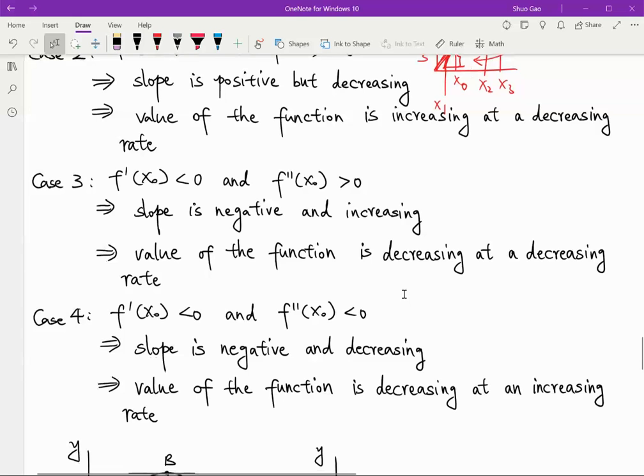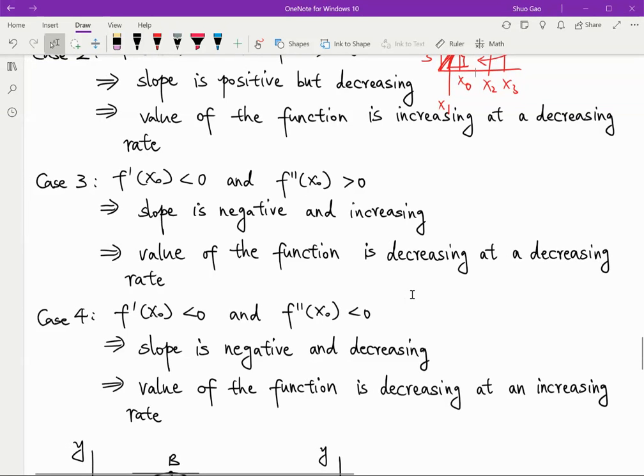And for the third case, the first derivative is negative, and the second derivative is positive. In this case, it means that the slope is negative, right? Because we have a negative first derivative, and it's increasing. So let's draw a graph.